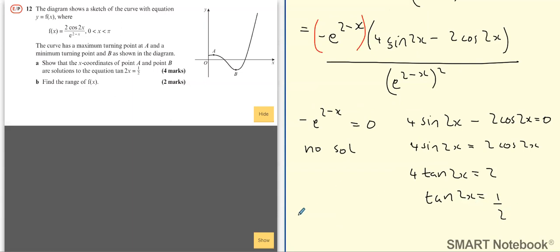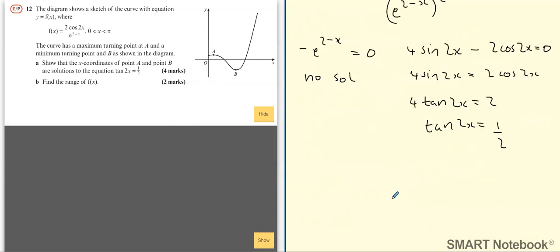Are you happy with that? Does that make sense? Right, were there any problems with part A? Did you have any problems with part A? Please let me know.